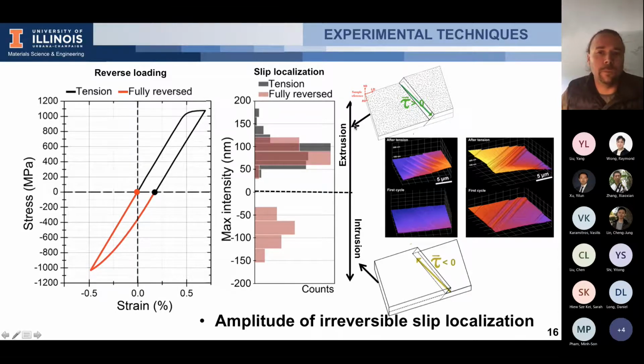And you obtain this kind of plot in the middle, where you notice that after the first cycle, you still have some extrusion, in red. Some slip bands display extrusion, and some other slip bands display intrusion. And you can calculate the difference, for instance, and relate this to your localization of plasticity.